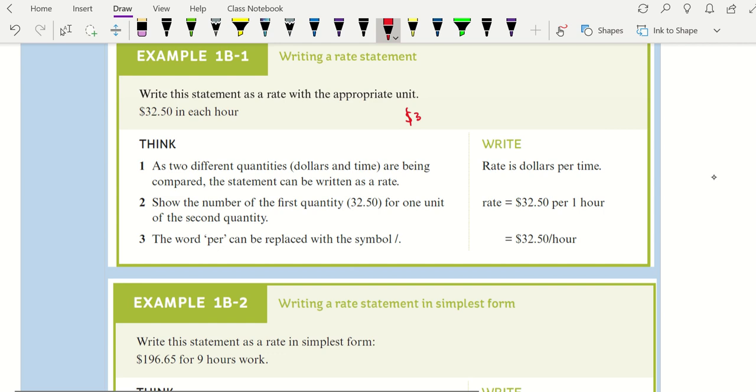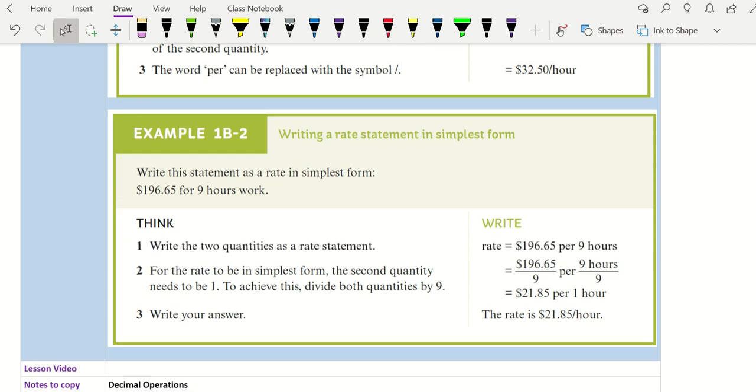So we're just going to write $32.50. Now, we could say per 1 hour, but we tend to drop that 1 because it's not needed. Remember, anything divided by 1 is itself. So we just say $32.50 per hour. So if we have a look here, in each hour, it's the same as saying divided by, and that's also the same as saying that forward slash, and that's also the same as saying per.